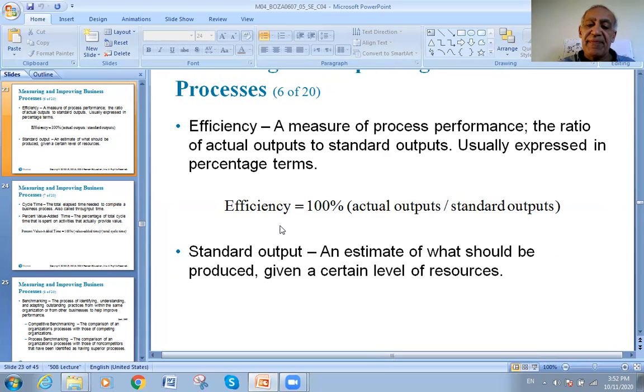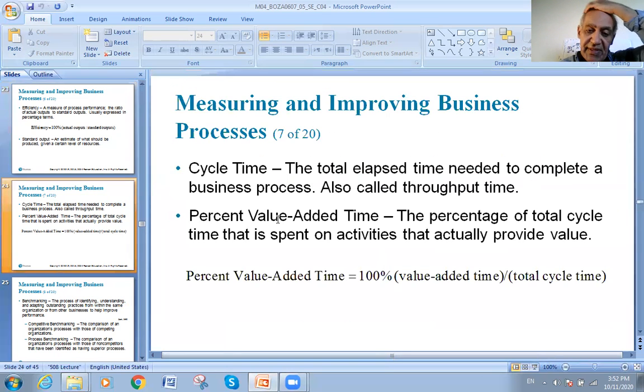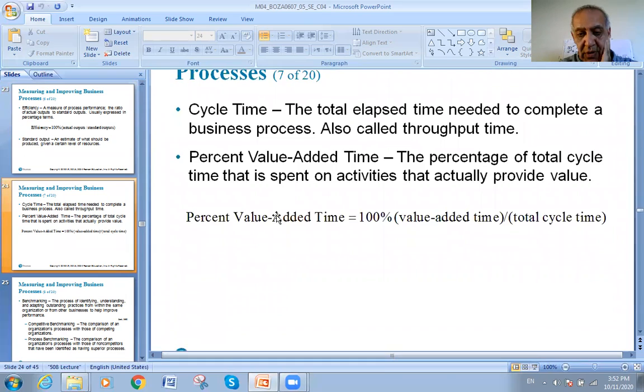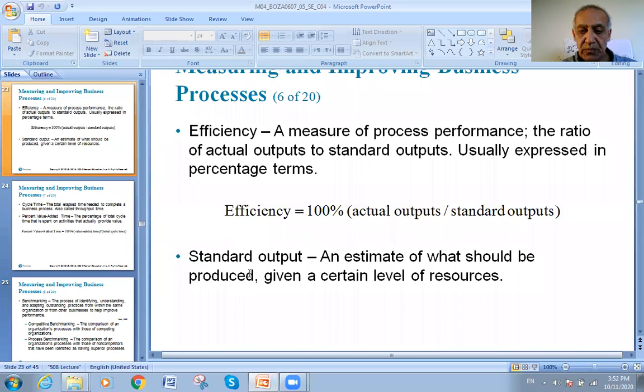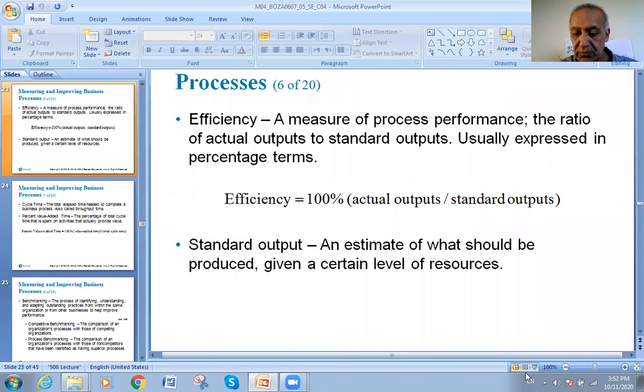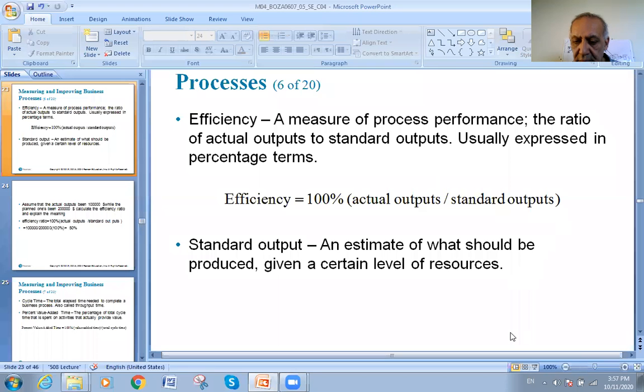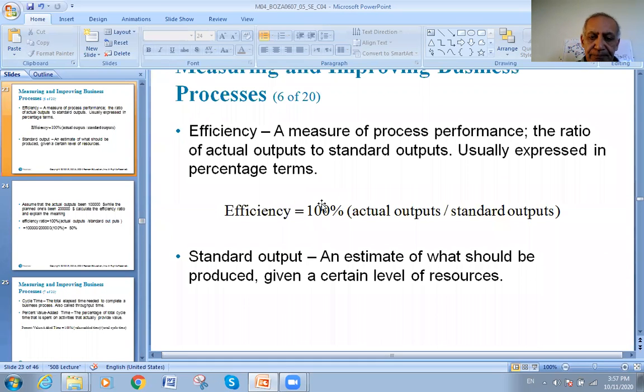Let me give an example here as a slide. Like you see here, the efficiency equals 100% multiplied by actual outputs divided by standard outputs.